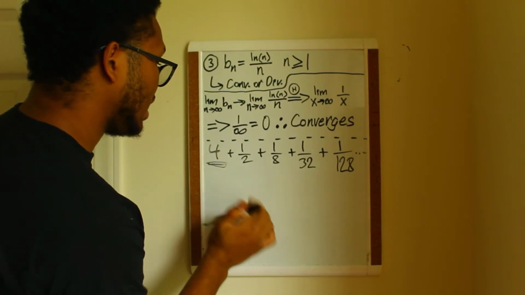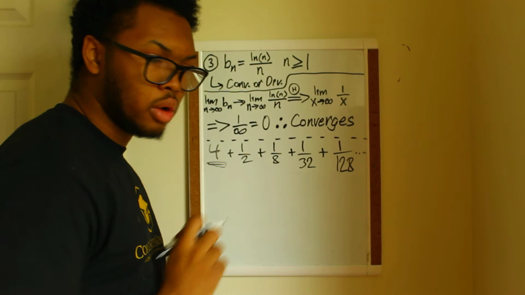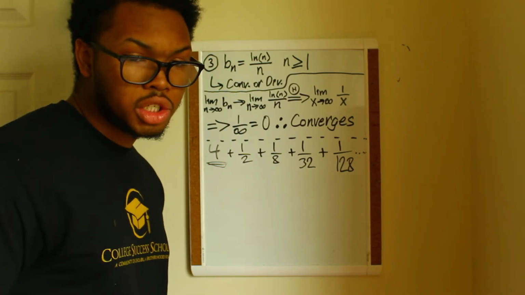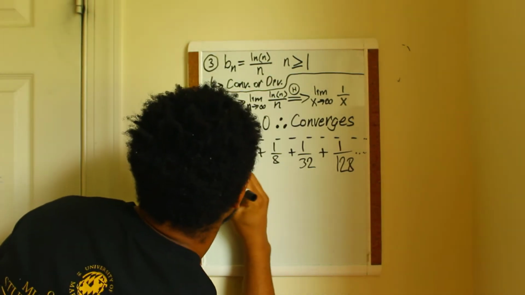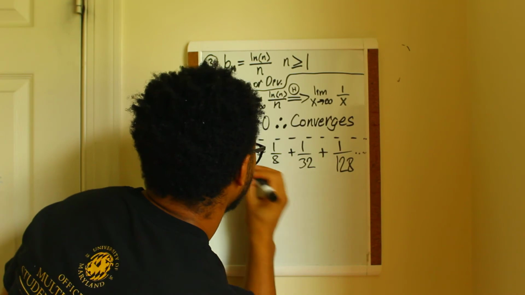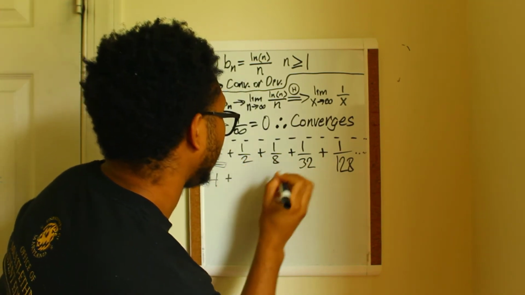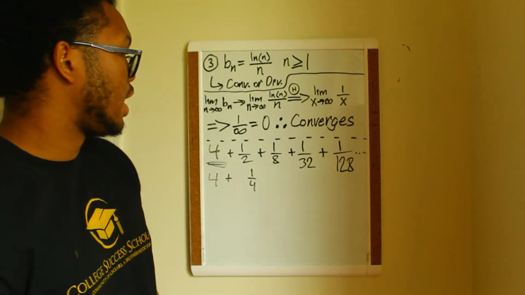So then what we can say is that it has a common ratio of 1 over 4, and when we have a common ratio, it is therefore geometric, right? So the 4 is off by itself, remember? And we're saying that this has a common ratio of 1 over 4, right?